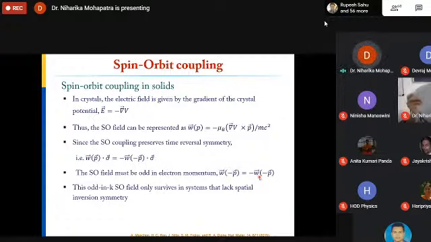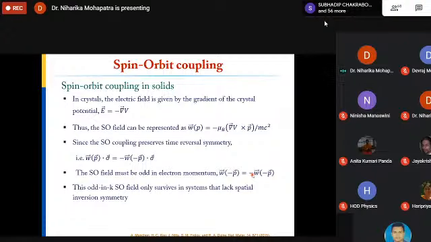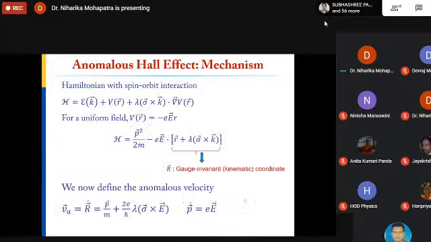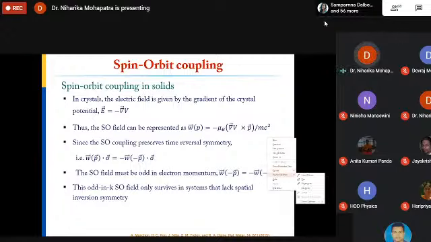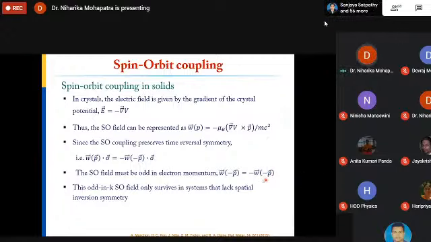There is a small mistake here: basically this will be plus P. I'm sorry, because this field, when you change the momentum, you get a minus sign, and this field goes with P, plus P over here. Please excuse me for this inadvertent mistake.